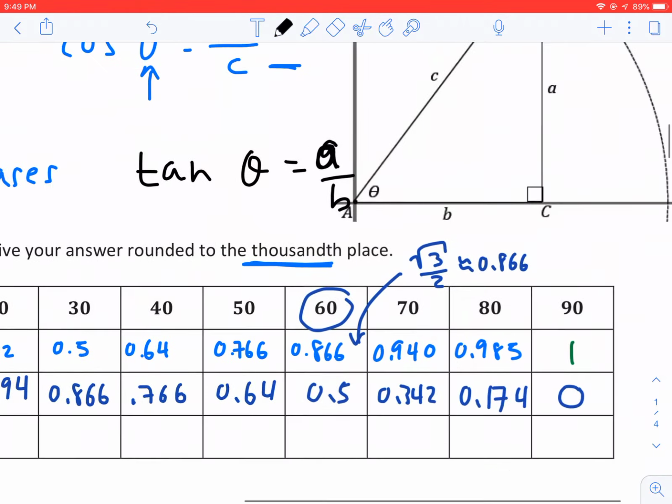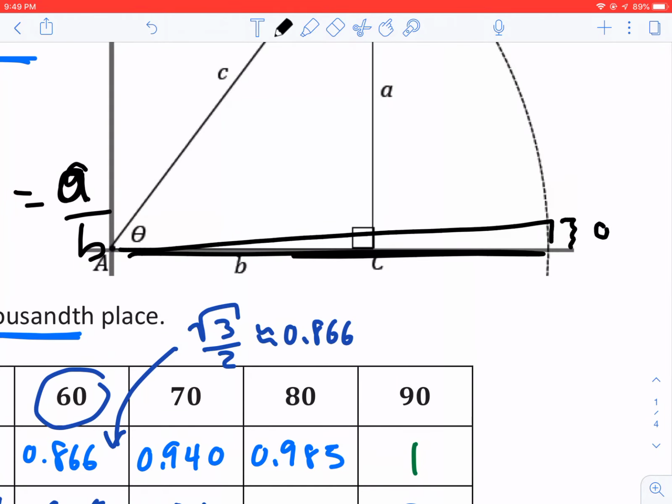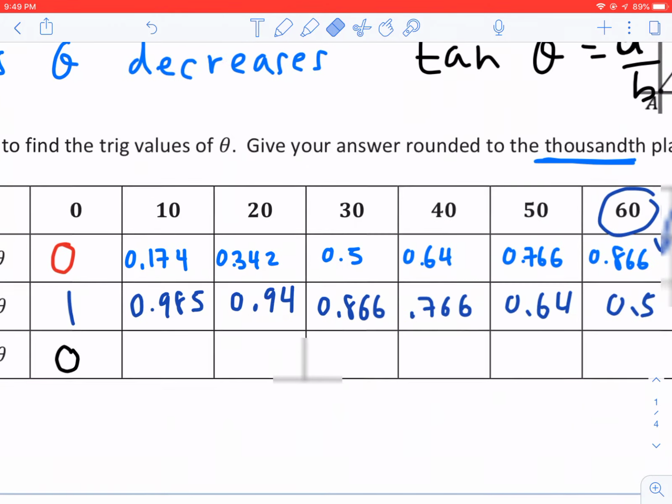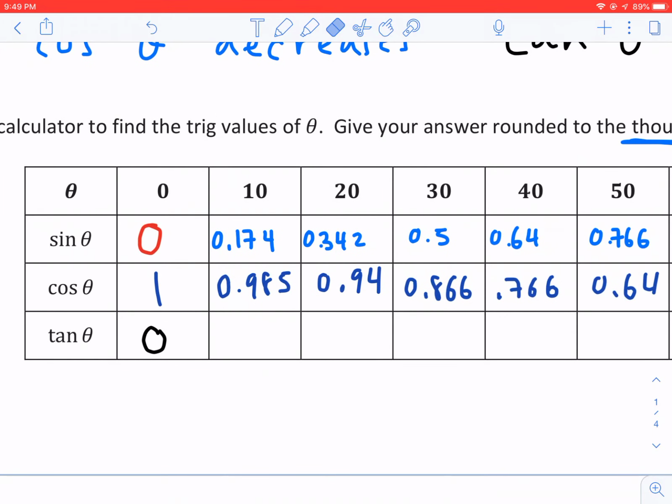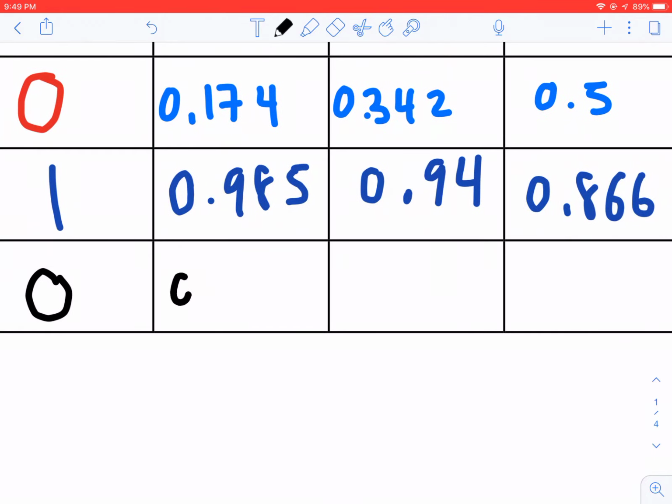And that's because just like with sine, at 0 degrees, the opposite side is going to be really close to 0 when it's a flat line. Well, when it is a flat line, it is 0, so there is no height. So the opposite side is 0, and it doesn't matter what the adjacent side is. Tangent of 10 degrees is going to be 0.176.